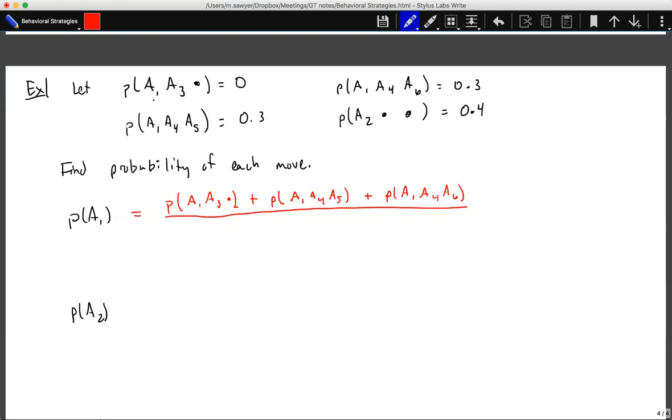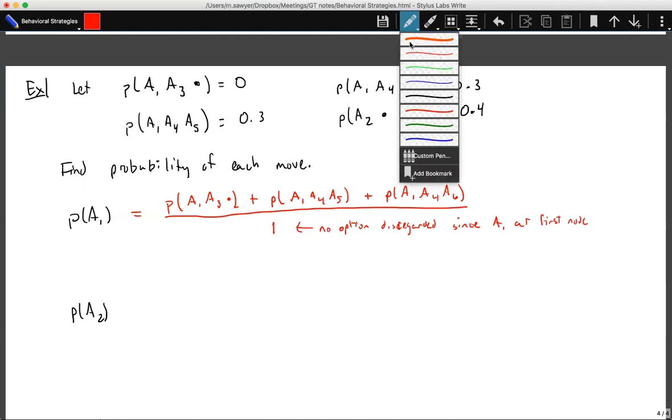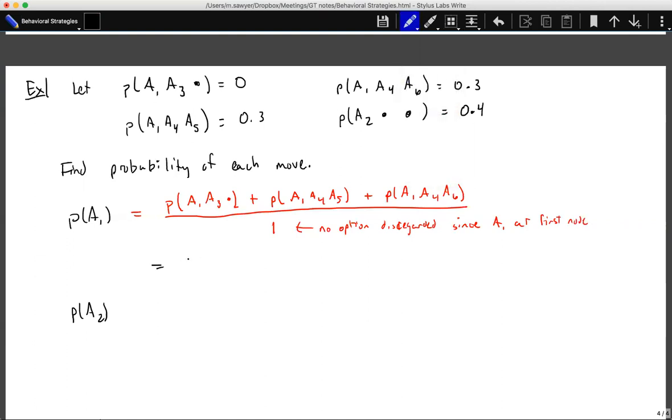No option is disregarded here, since A1 is at the first move, at the first node. So what we get is 0 plus 0.3 plus 0.3 divided by 1 equals 0.6.